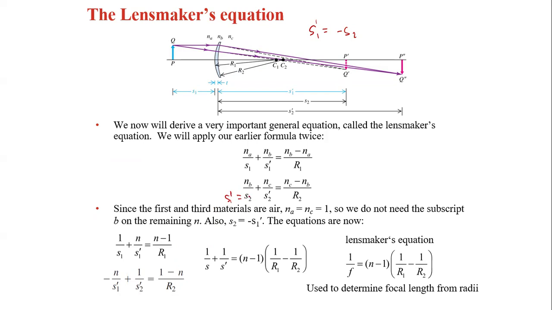what do we get here? This will become nb over negative s1 prime plus nc over s2 prime equals nc minus nb over R2.